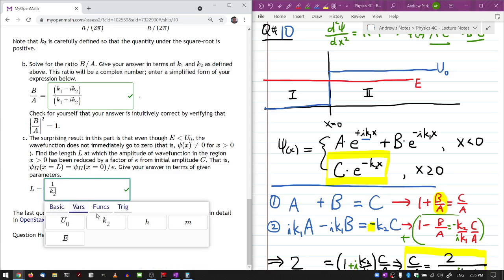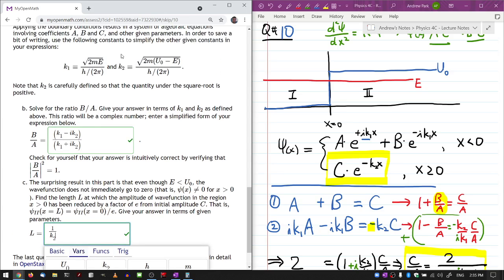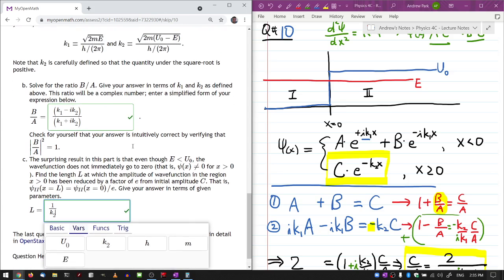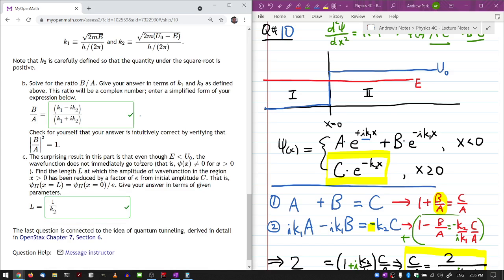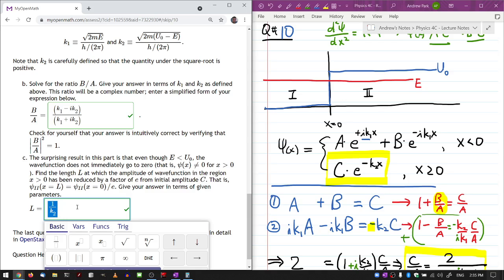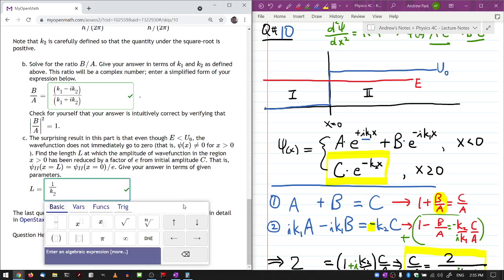You could also express K2 in terms of all these variables; I think enough are defined that you can actually write out what K2 is. I will check the code to make sure that this question accepts both answers. This is the simpler form, but I get it if you want to give the longer answer.